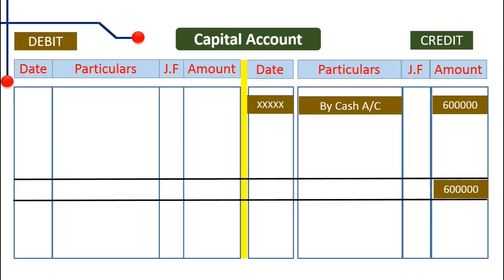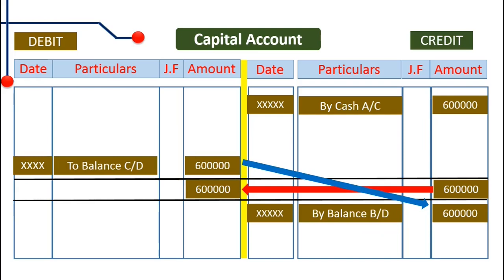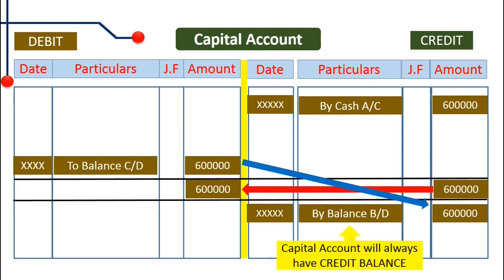The higher total is on the credit side, so we will write rupees 6 lakh first on credit side. The same amount is also noted on the debit side, but no accounting entry has been made on the debit side. Thus, the balancing figure will be rupees 6 lakh itself. This closing balance is transferred to the opposite side to arrive at the opening balance for the next year. Capital account will always show a credit opening balance.